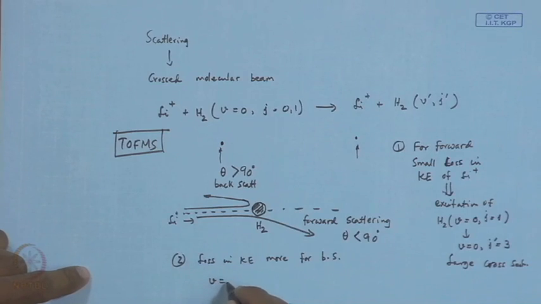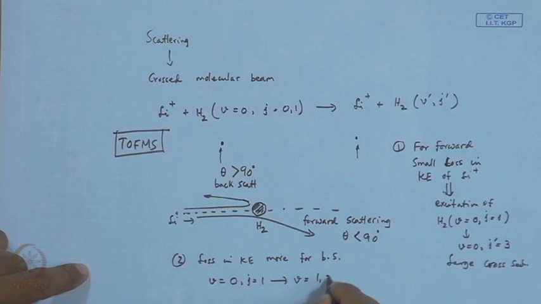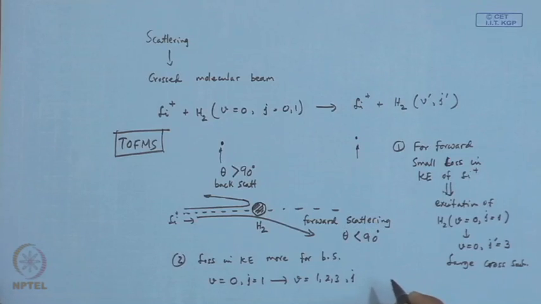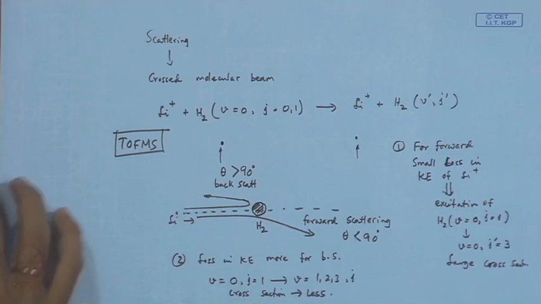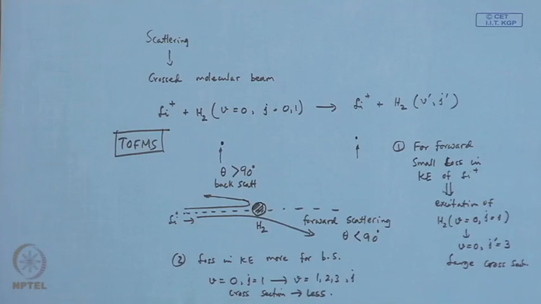So, V is equal to 0 and say J is equal to 1, 2, V is equal to 1, 2, 3 and J primed, and its cross section is less. So, these are the two situations that we can think of.